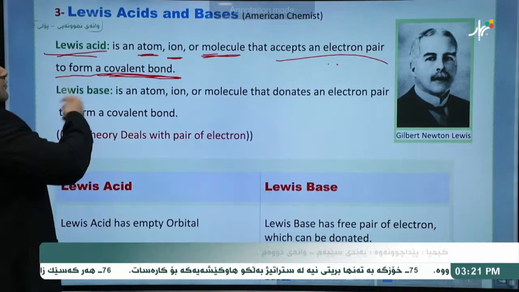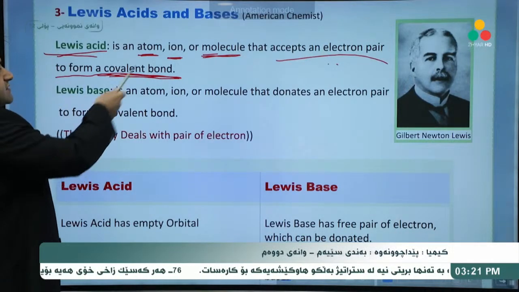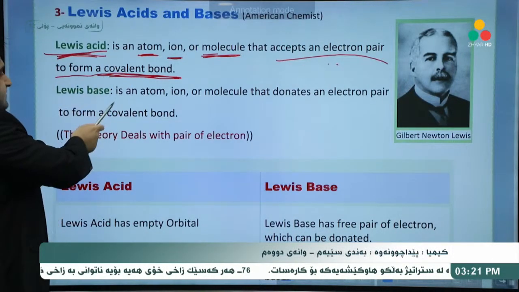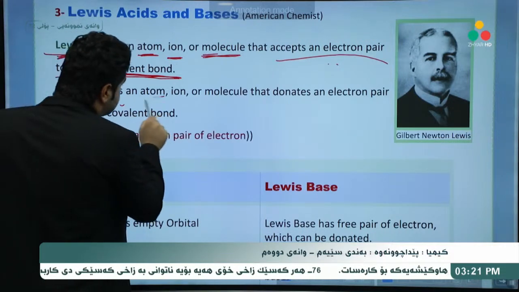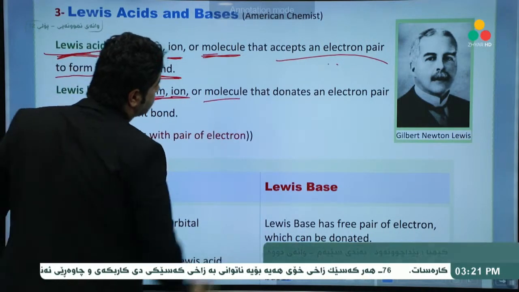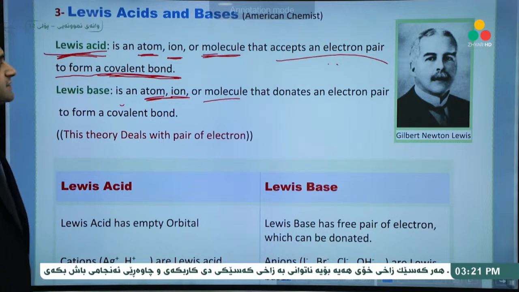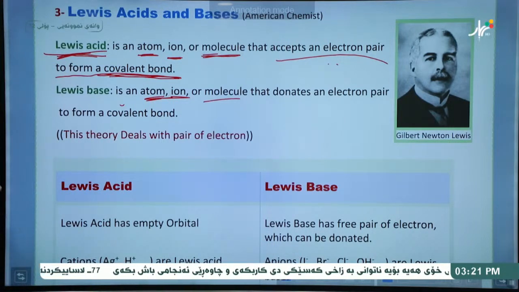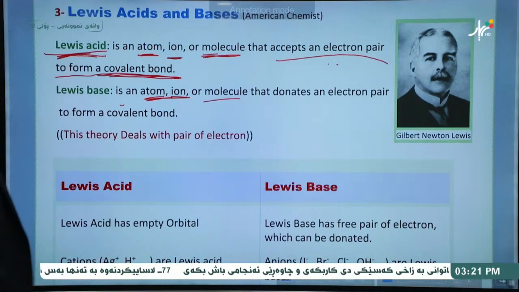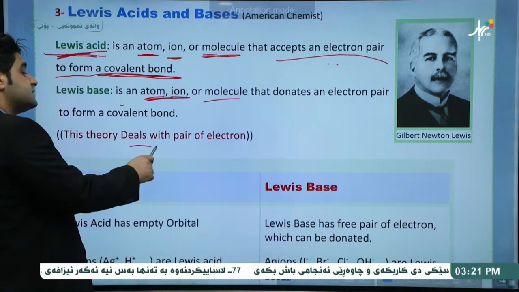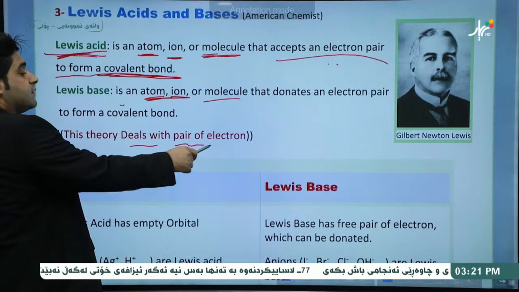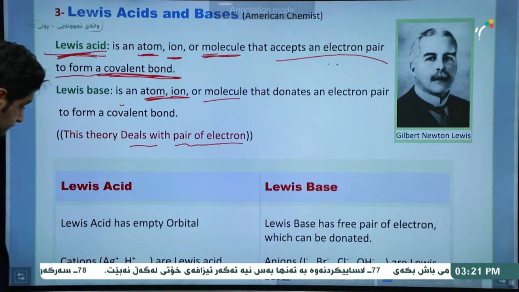A Lewis base, in contrast to a Lewis acid, is an ion or atom or molecule that donates an electron pair to form a covalent bond. This theory deals with the pair of electrons.